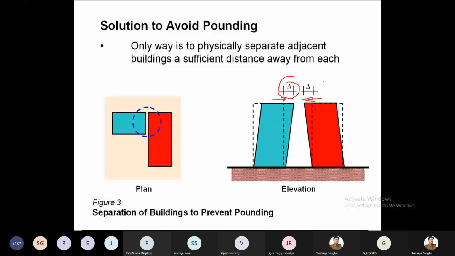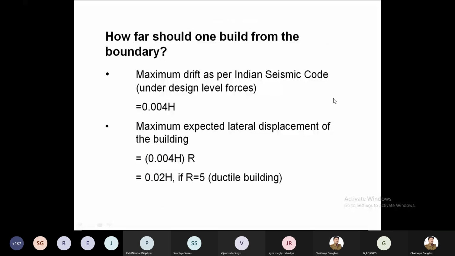Right? And as per the IS code, the drift which is allowed is 0.004 h, 0.4% of the height of the building. And so what is the maximum expected lateral displacement? It is 0.004 h into the response reduction factor.